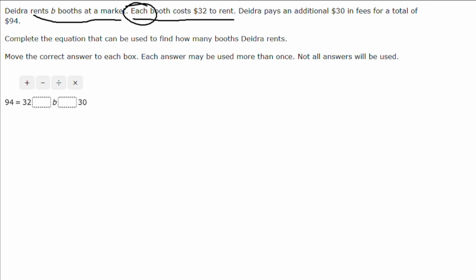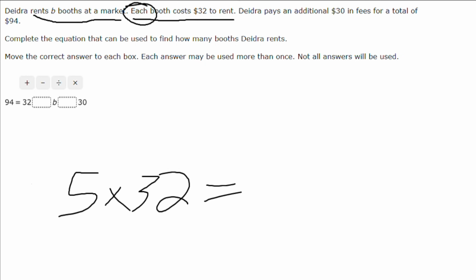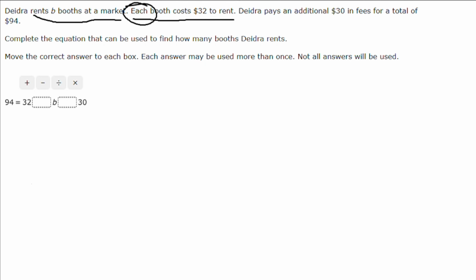And right now, I understand that each booth costing $32 means that when everything is combined, we're going to get a bigger number, right? So if B is maybe 5 and each is going to cost $32, then that means we're going to have to multiply, all right? So that means that this first box is going to be a multiplication sign.